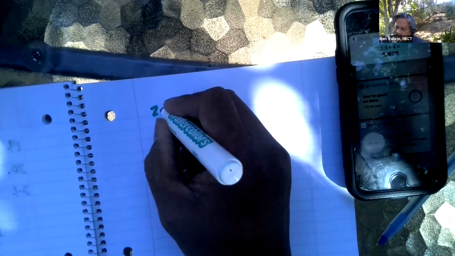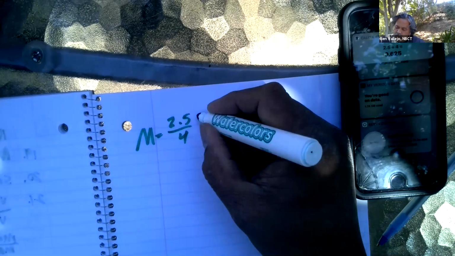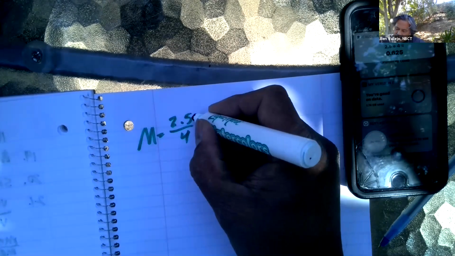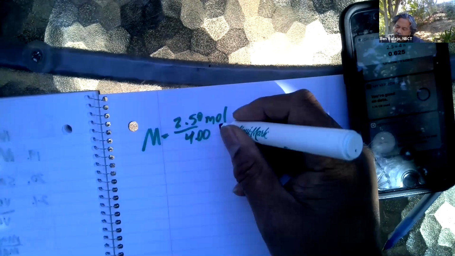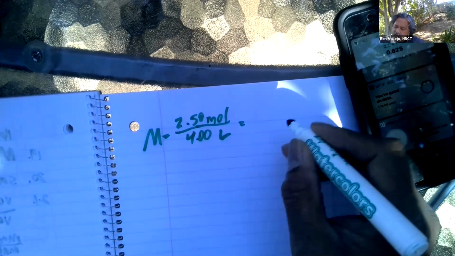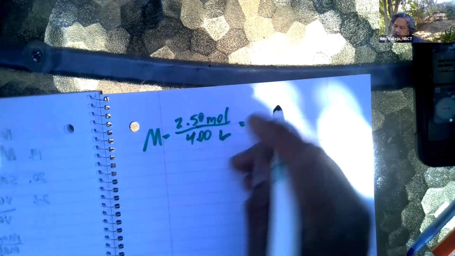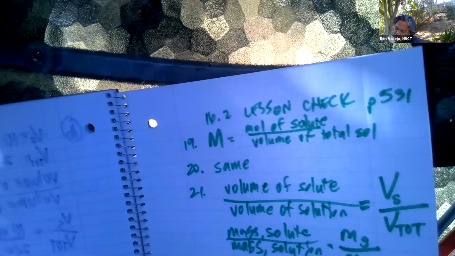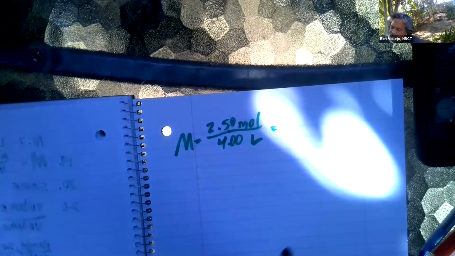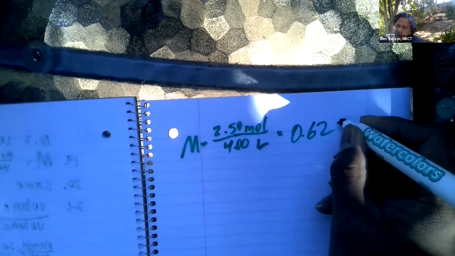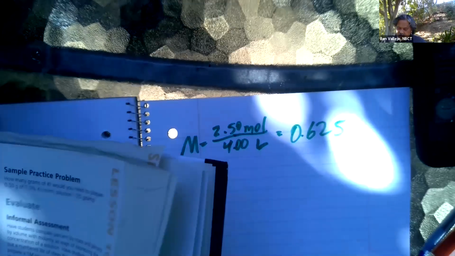Okay, so 2.5 divided by 4. And what is this? This is molarity. I have 2.5 moles in 4 liters of solution, which is 0.625.